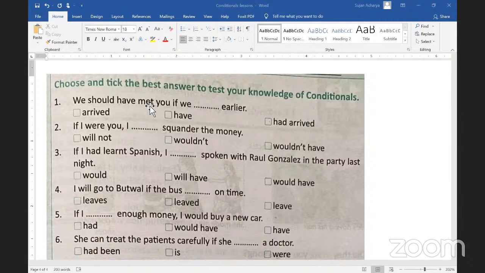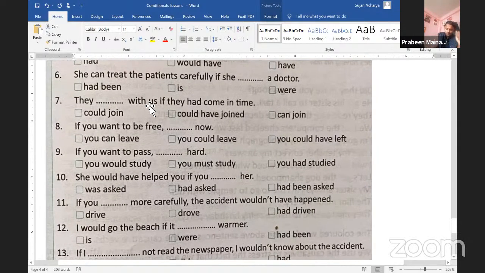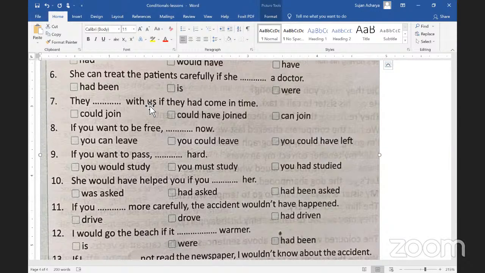Now let's move on to 6 to 10. From number 6 to 10. Answer question number 6 to 10.